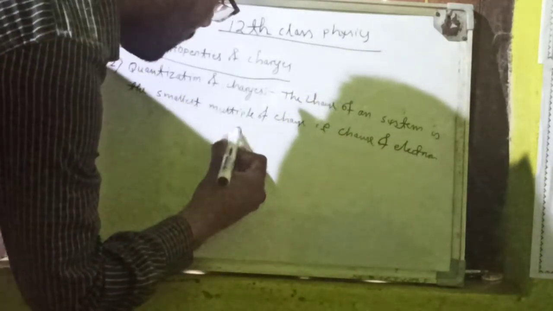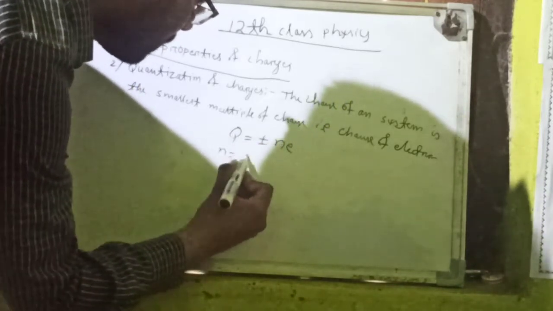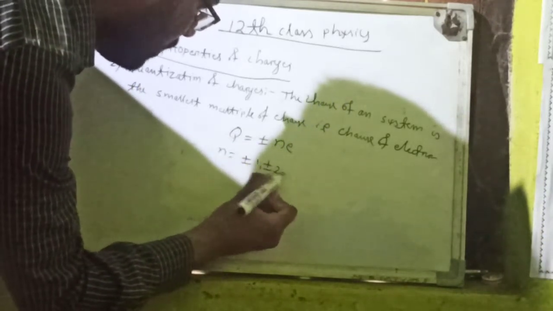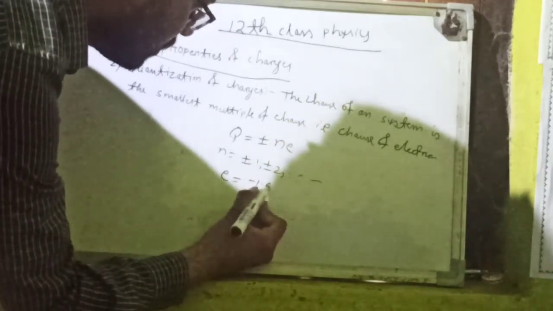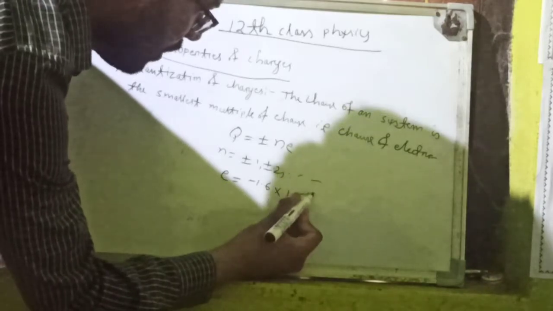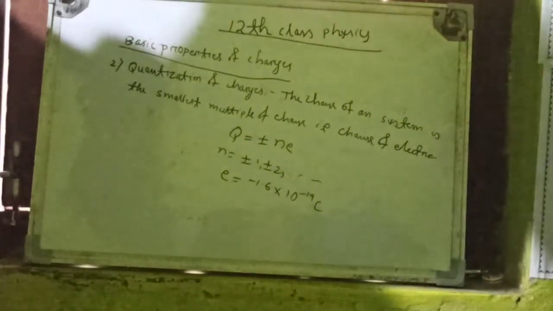So we say Q is equal to plus minus n e, where n can take integer values plus minus 1, plus minus 2, and the charge of the electron is minus 1.6 into 10 to the power minus 19 coulomb. So this is quantization of charges.